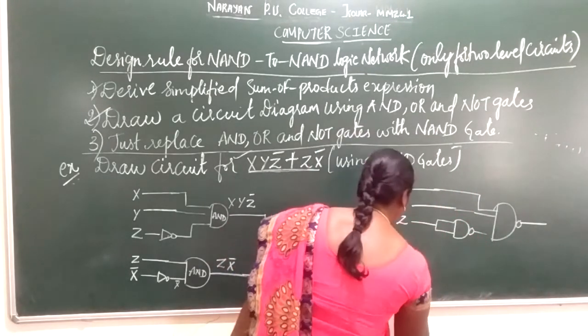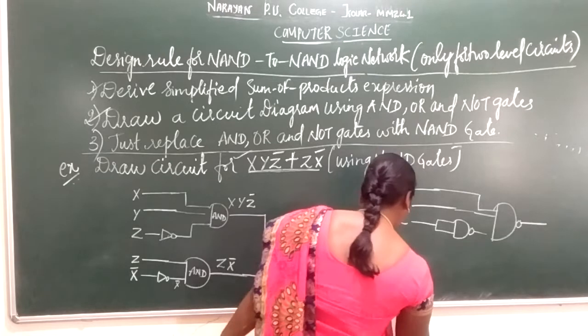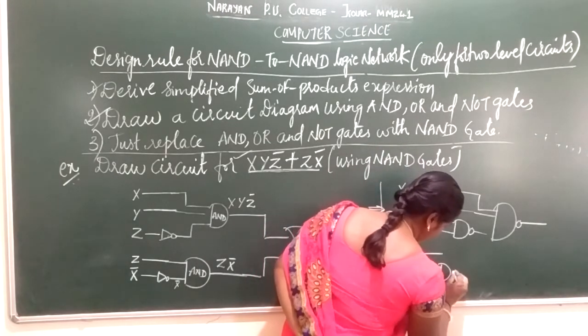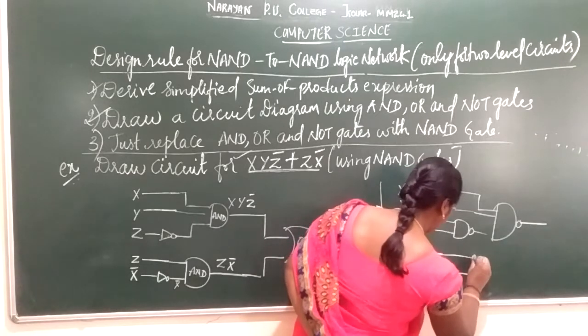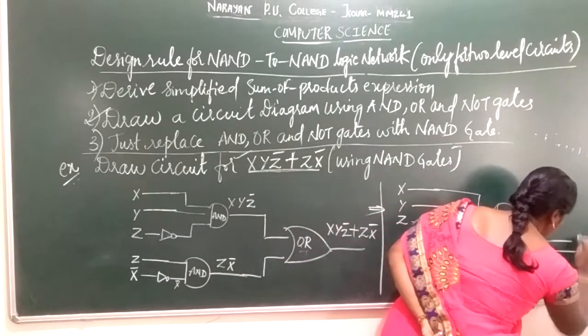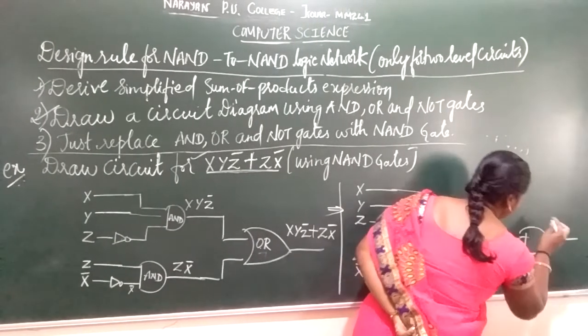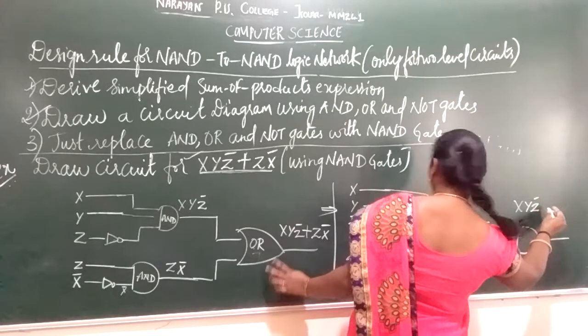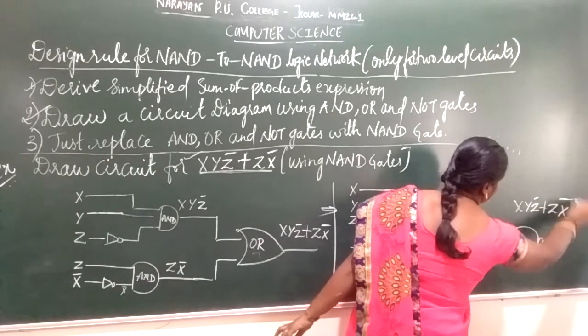So next z x bar. For this, z as it is, for x bar you use a NAND gate, and these should be used with a NAND gate. Now these should be replaced with a NAND gate. You will get the result as x y z bar plus z x bar.